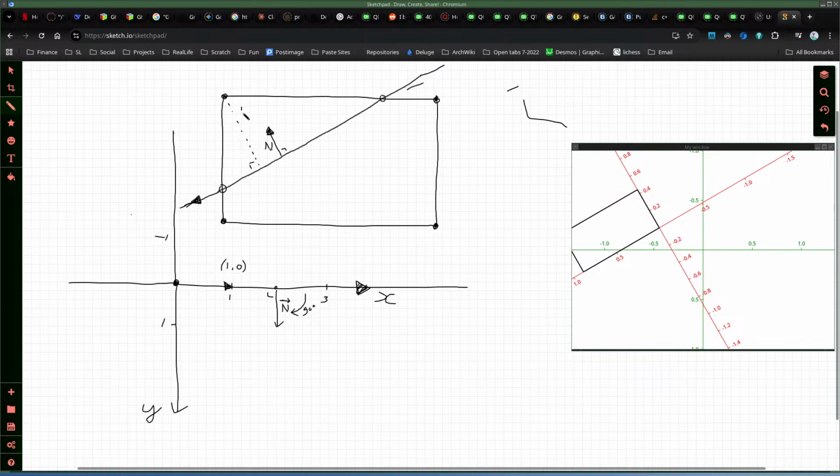So this distance is plus 2.2 because it is on the side that the normal points to. Well, this one is going to be like minus 0.8, because it's on the opposite side. The only thing that really matters is that this is plus and this is minus. So this point is on this side of the line and that point is on this side of the line. Therefore there must be an intersection point. And therefore we calculate it and then we find it.